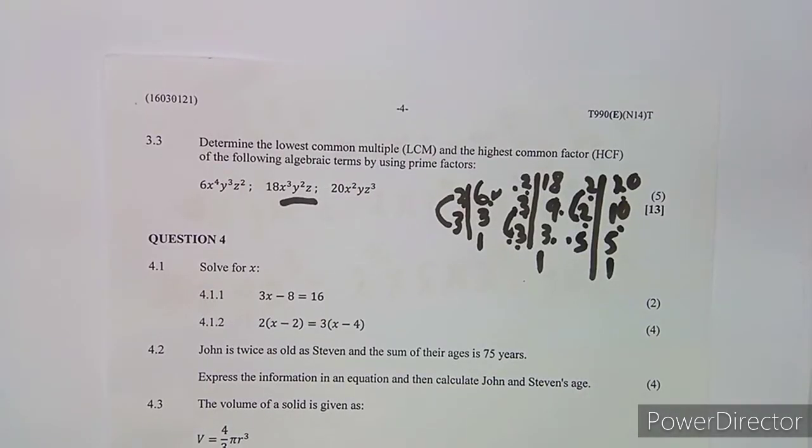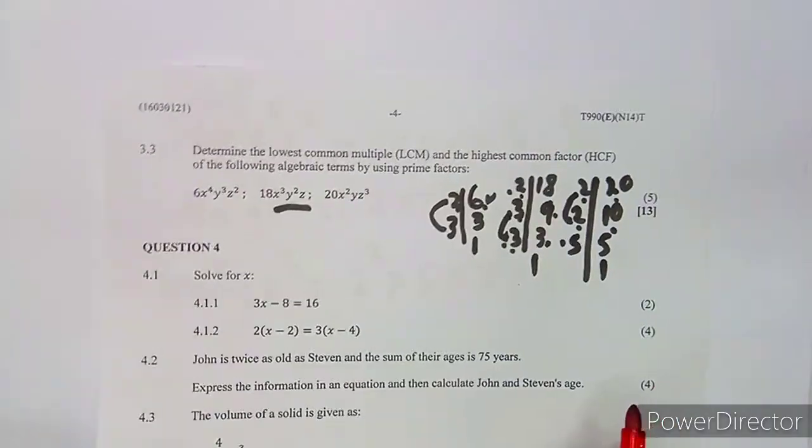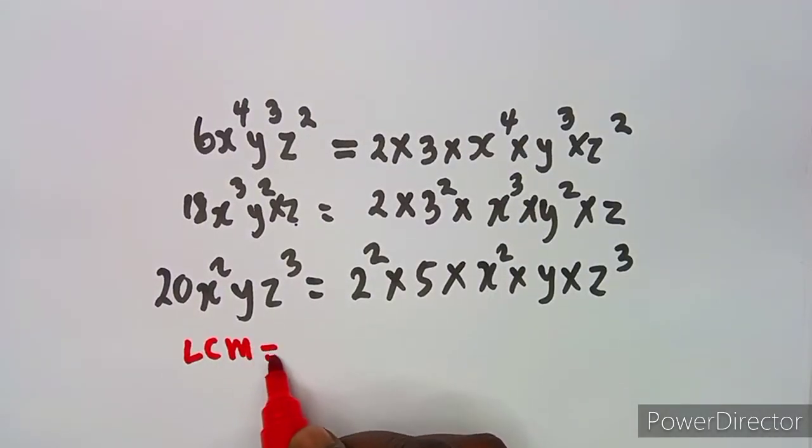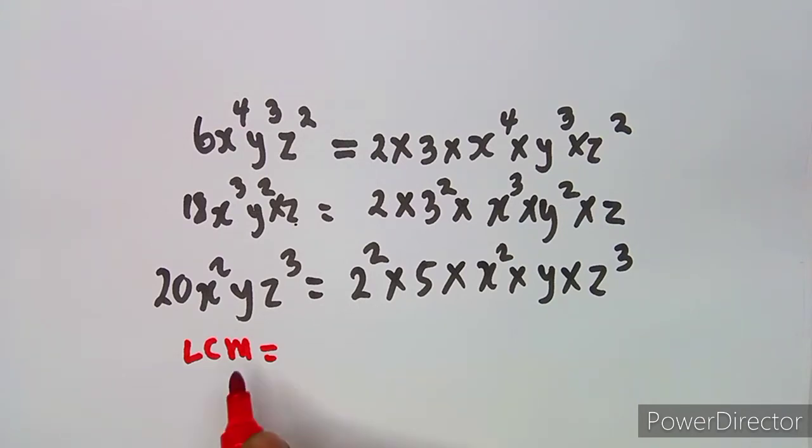So now the question is, we have to find the LCM, and at the same time we have to find the highest common factor. All right, so remember what I told you guys: for the LCM, you take all the terms which are present, but if there is a term that is common, you take the one with the highest exponent.